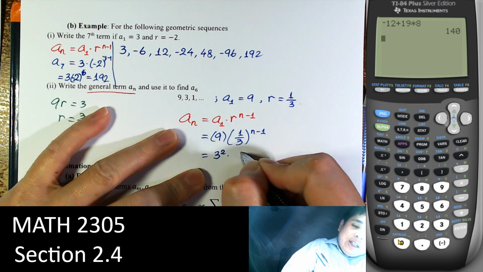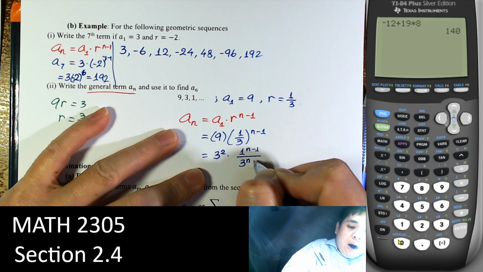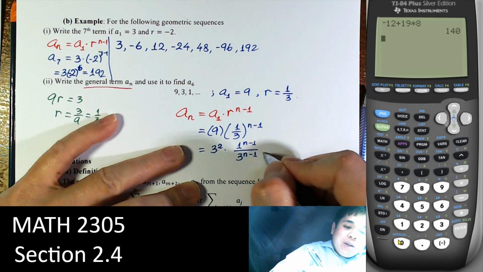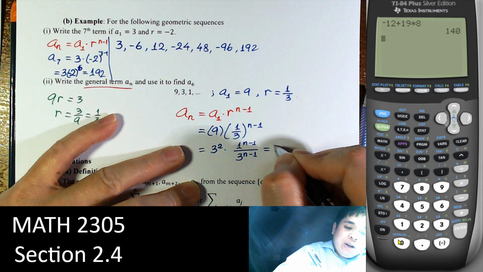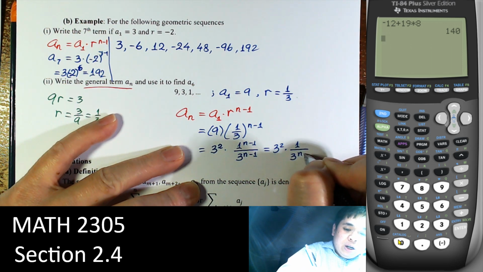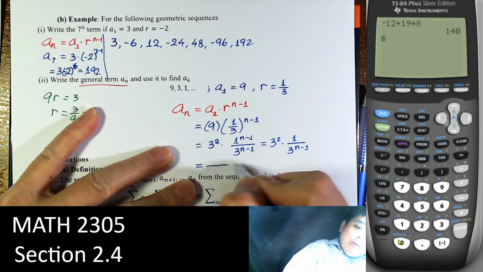We can say that power to the top, power to the bottom. 1 raised to any power is still 1. So pretty much we have 3 squared times 1 over 3 to the n minus 1. And finally, we multiply that on the top.